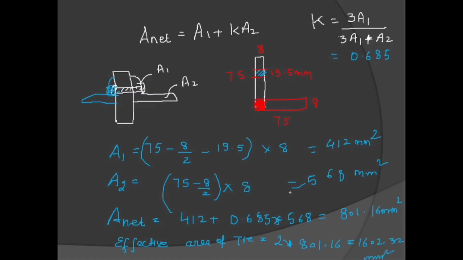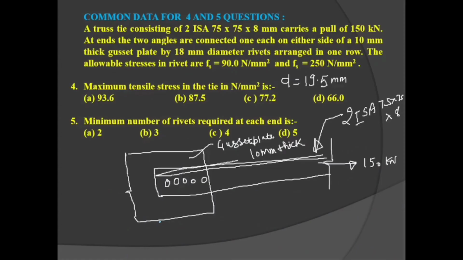Now maximum tensile load initially we have to calculate. Maximum tensile load, fourth question. Solution of question number 4: maximum tensile stress is equal to load per unit area.